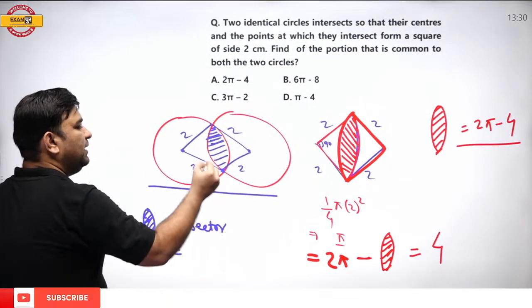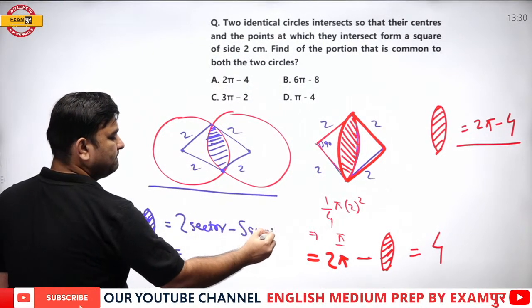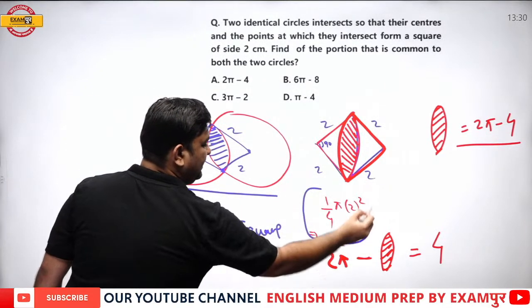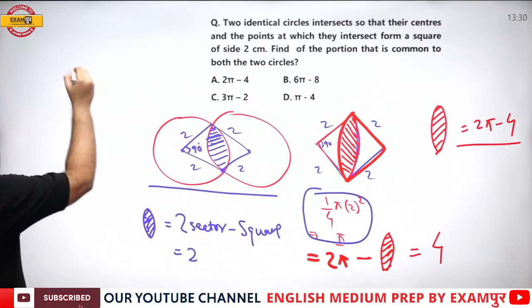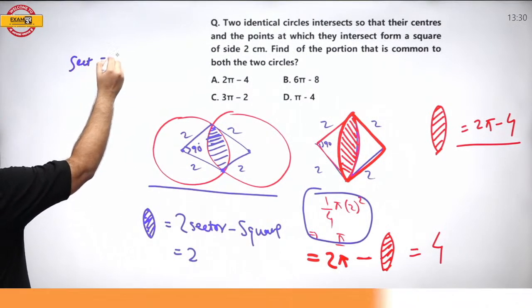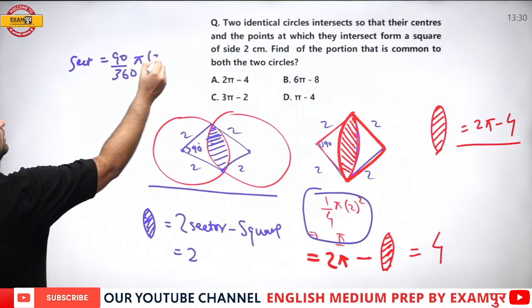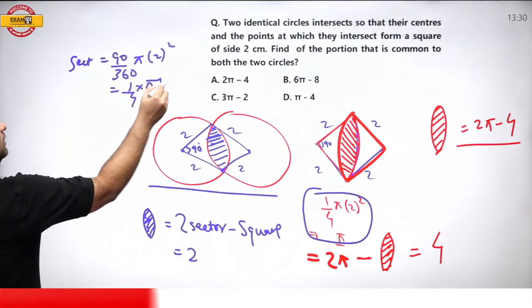So 2 sector minus a square. Sector area was pi, because it's an angle of 90 degrees. So sector area was 90 by 360 into pi r square, 1 by 4 into pi into 4, which is pi.